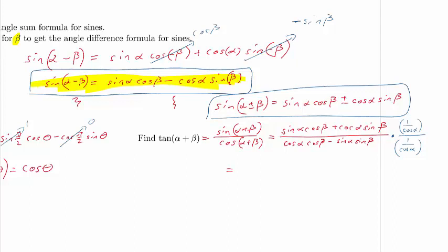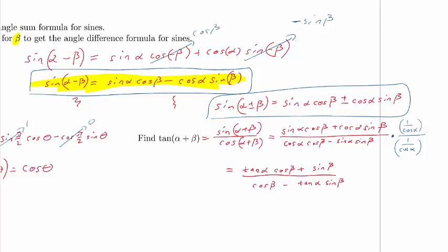And so sine alpha divided by cosine alpha, that's tan alpha. And we have a cosine beta. And the next one, cosine alpha divided by cosine alpha, well, that's simply 1. And so we're left with sine beta. So that's the top. Now the bottom, divide both terms by cosine alpha. Cosine alpha over cosine alpha is 1, so we're simply left with cosine beta. And then minus, and once again we've got another sine alpha, so that's going to make this tan alpha times sine beta.